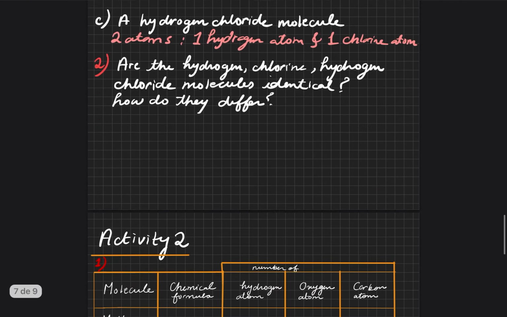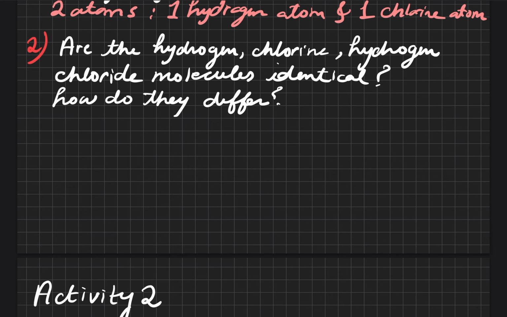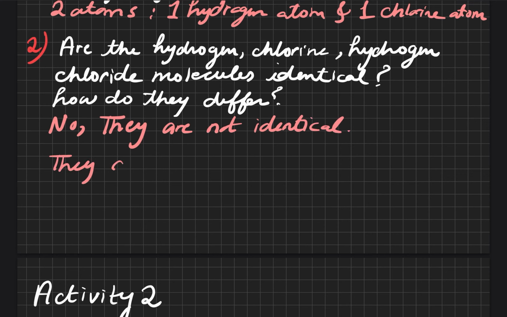Let me choose another color. So no. The question is, are the hydrogen and chlorine molecules and the hydrogen chloride molecule identical? How do they differ? So no, they are not identical. How do they differ? They differ in their composition.